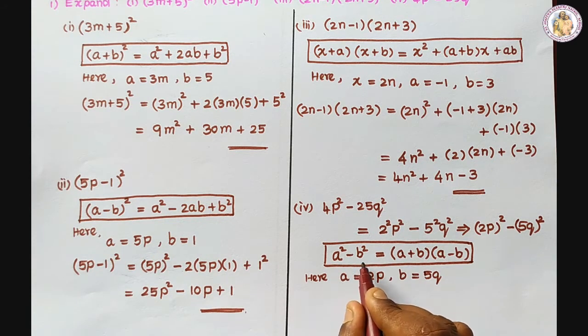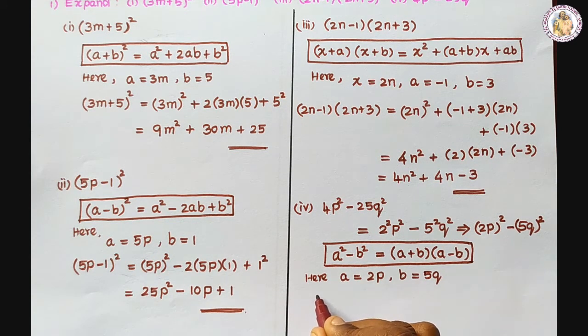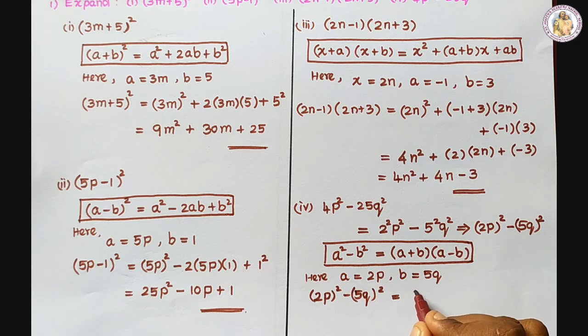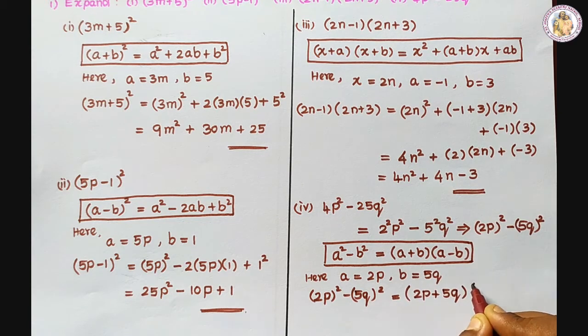A squared minus b squared, that is (2p) squared minus (5q) squared equal to (a plus b), 2p plus 5q, into 2p minus 5q.